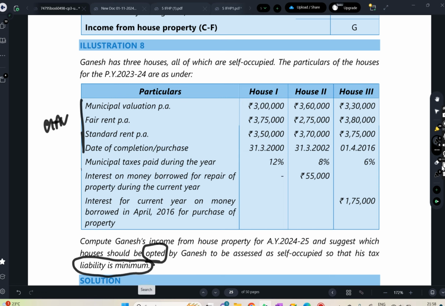See, normally we can just compute house 1, house 2, house 3 and then leave it. That's not a big deal. But here we need to advise him, because he can select either house. He can select a maximum of 2 houses as self-occupied. Now which one he has to choose as self-occupied is the question.